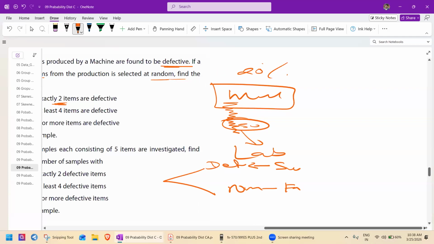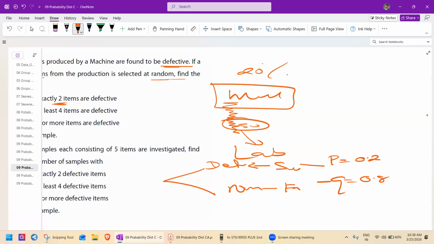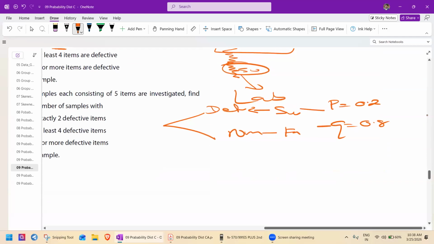Here the success probability P is 0.2 and the probability of failure Q equals 0.8. It's 80%. Now we know the formula to find the probability in a binomial distribution.